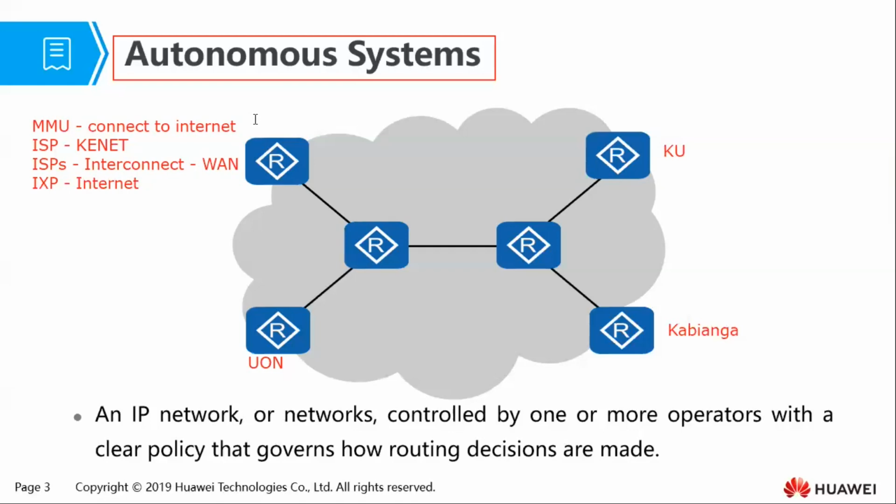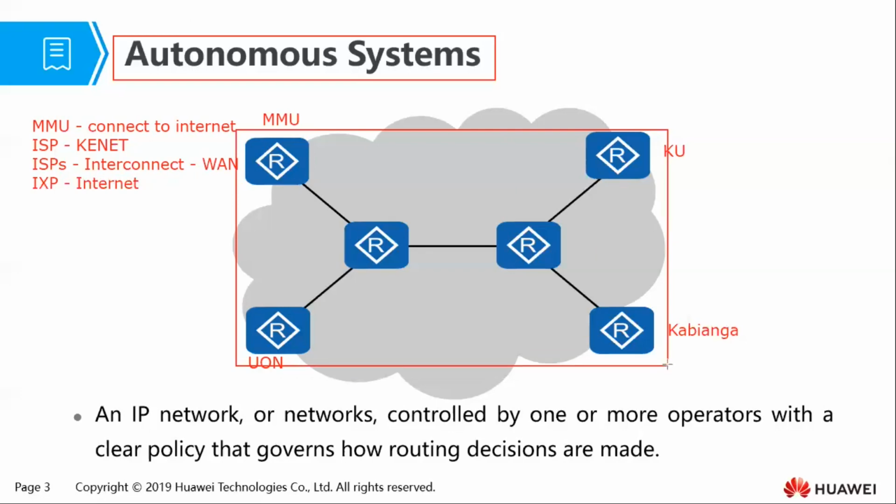So maybe here we have MMU. So when KENET is interconnecting all these people, actually all these routers belong to KENET. So this particular router that lies at MMU is actually a KENET router, and they are the ones that manage it, not our internal ICT guys. They don't have access to this router.